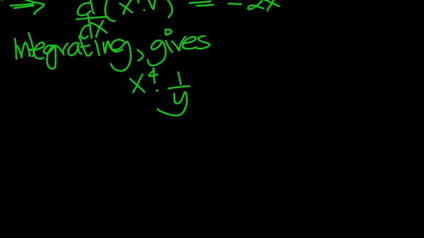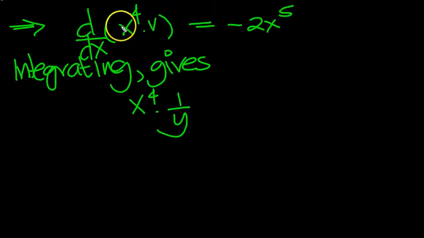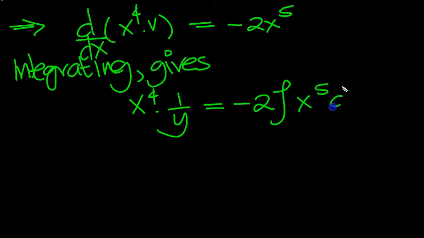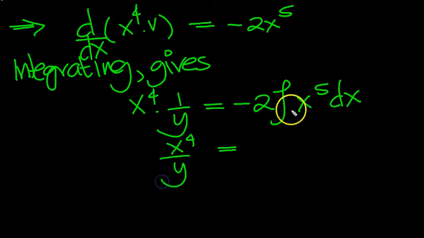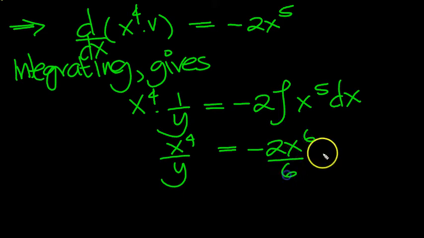So let's go back down. So this integrates to x to the 4 times 1 over y equals the integral of this, minus 2 lots of the integral of x to the 5 dx, which equals, so you've got x to the 4 over y is equal to minus 2x to the 6 over 6 plus k.